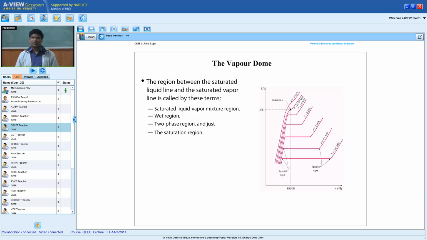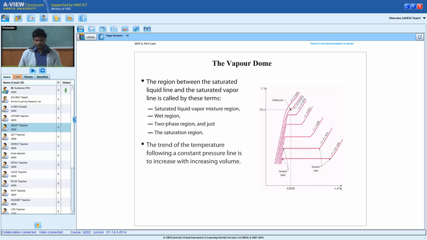Why saturation region? In this region, whatever you do, the pressure and temperature both remain constant, and if you go outside, you cannot keep the pressure and temperature together. Then you need to work a lot to keep things constant. The trend of temperature following a constant pressure line is increasing with increasing volume.